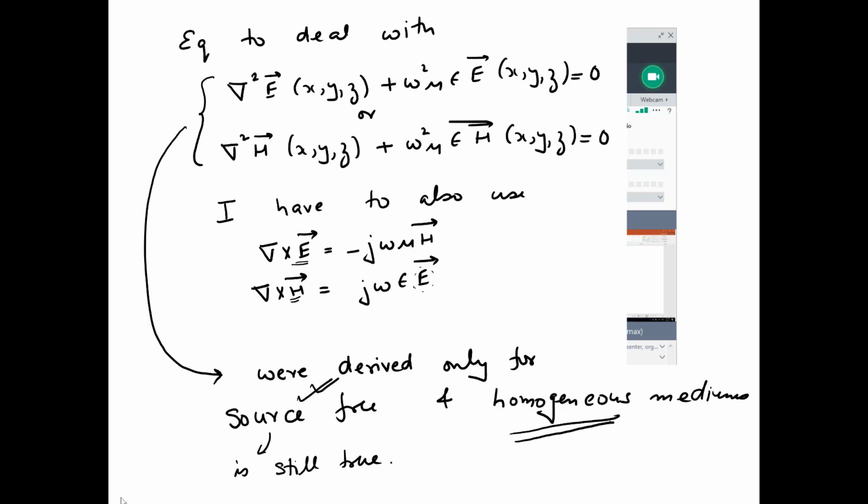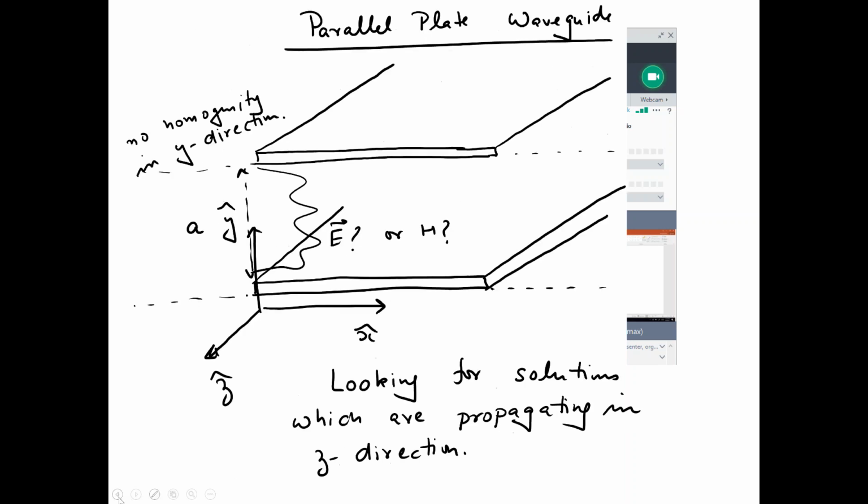Remember again, these two equations are point form. If I go back to the material, this material inside I'm still assuming is homogeneous within that shaded region. It's still homogeneous within that shaded part.